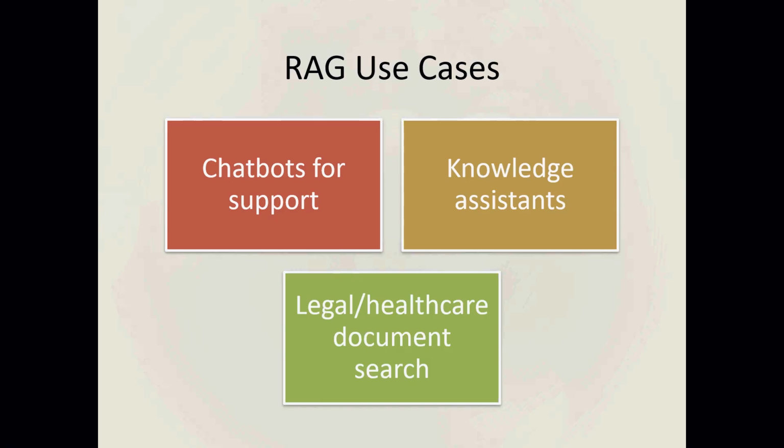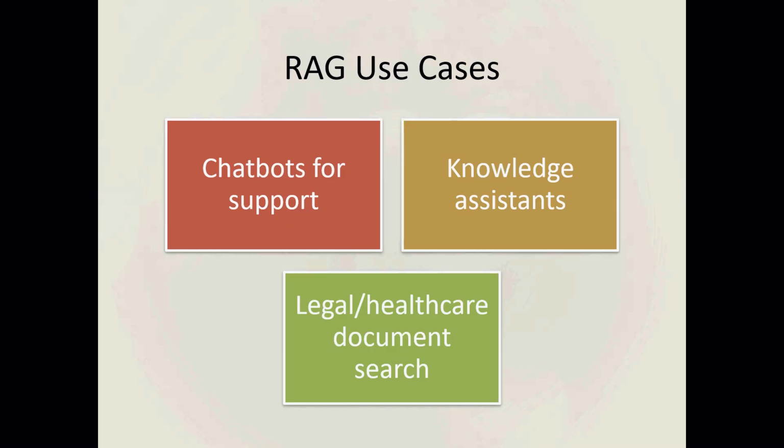That's about RAG. As I said, RAG use cases: chatbots for support for your company, and knowledge assistants if you want to give some relevant information which is not publicly available. That's another use case, something very proprietary, which you don't want to expose publicly to everyone.